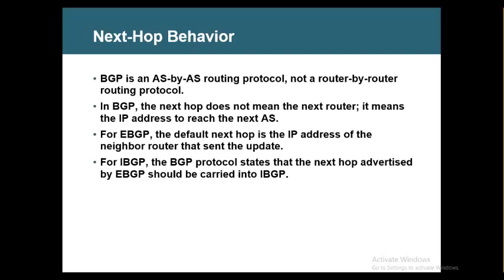It was showing the router which is out of this autonomous system, which is in the next autonomous system. So in BGP, the next autonomous system does not mean the next router, it means the IP address that we form neighborship with the next autonomous system router.